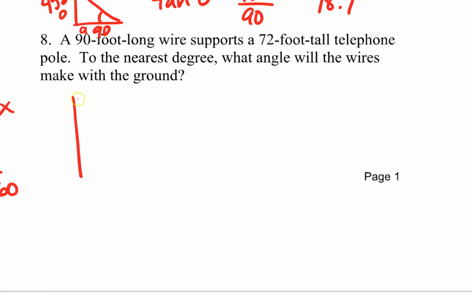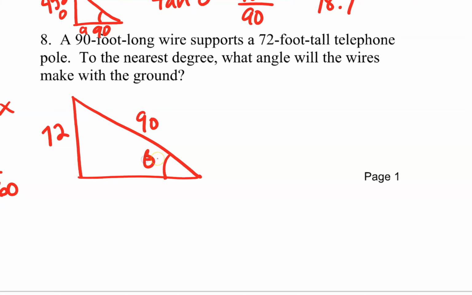A 90-foot wire, 72-foot tall phone pole. What is the angle that it makes with the ground? All right, again, missing angle, inverse trig. Tangent, oh, I just picked one. Let's try labeling.